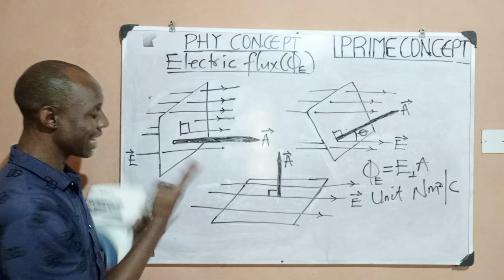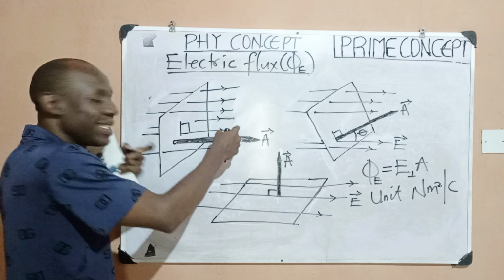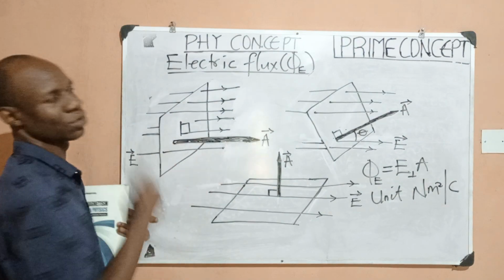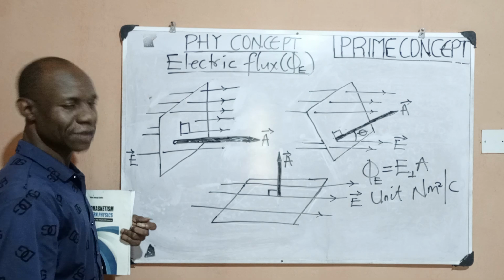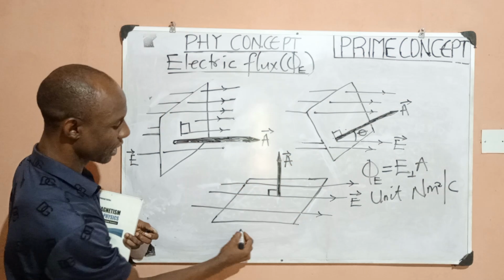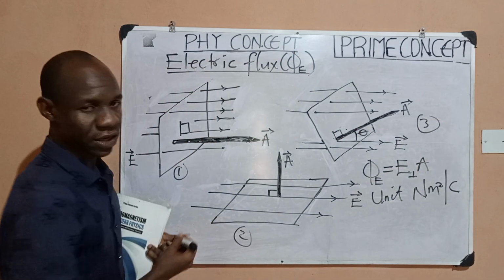So in this first case, my electric field is perpendicular to the surface, but parallel to the area vector.